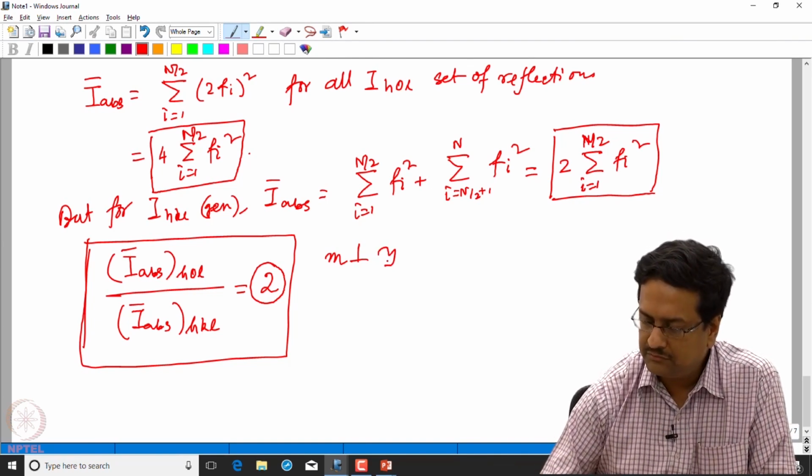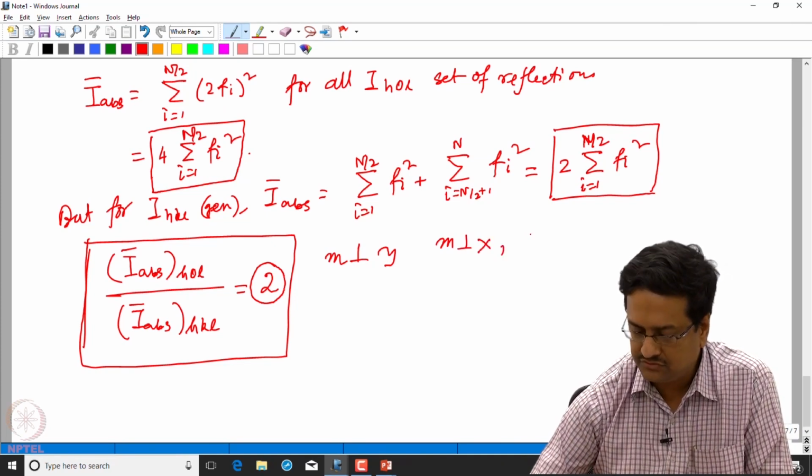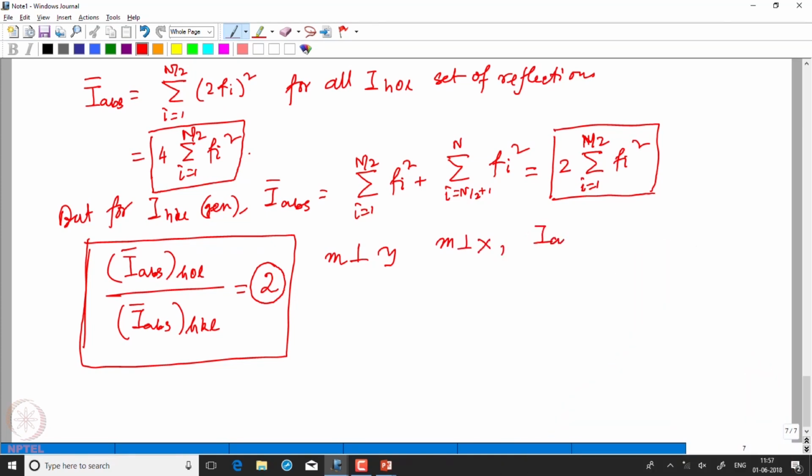For a mirror perpendicular to x, one should find the value of I abs for the 0KL set of reflections divided by I abs for HKL and see whether it gives the value 2.